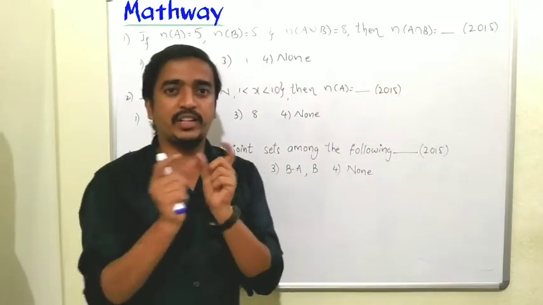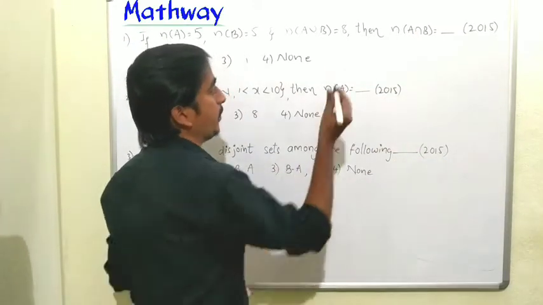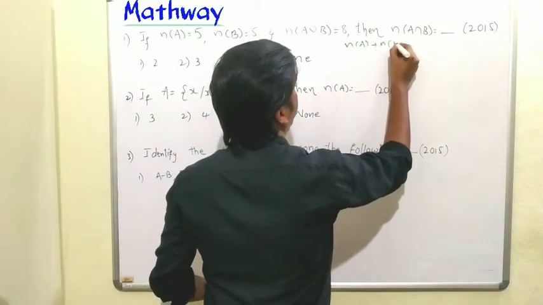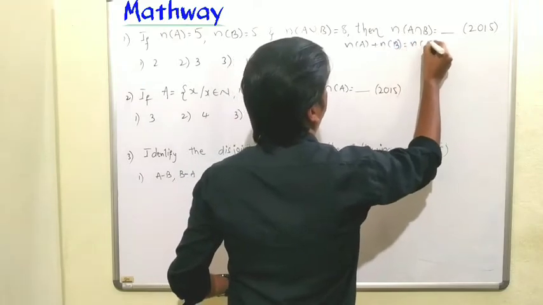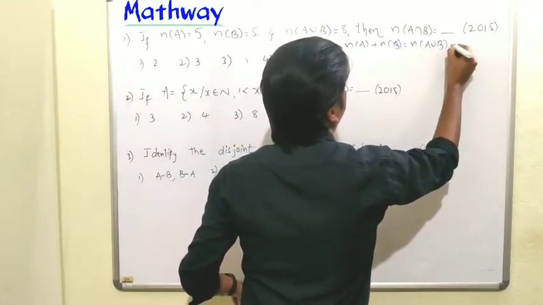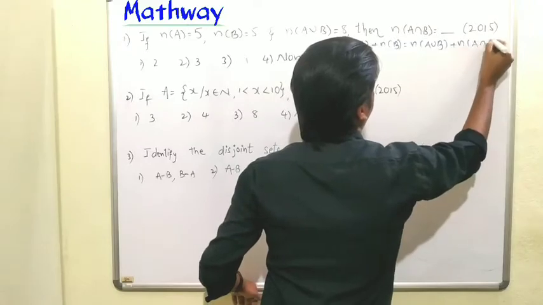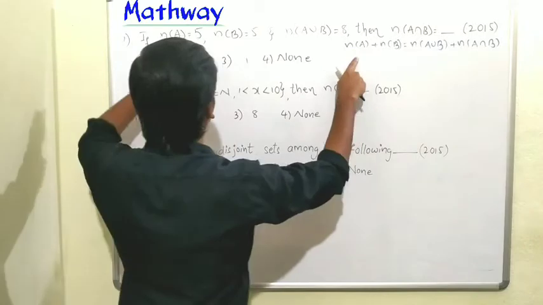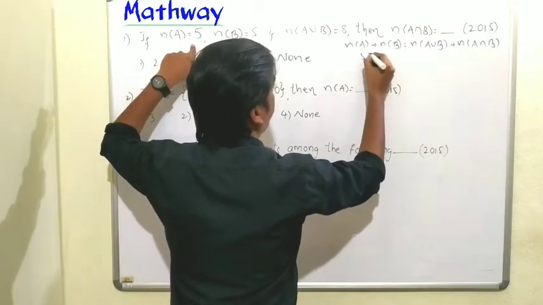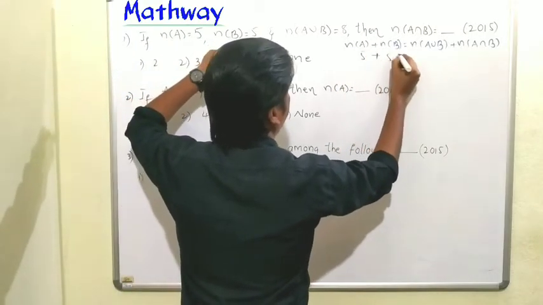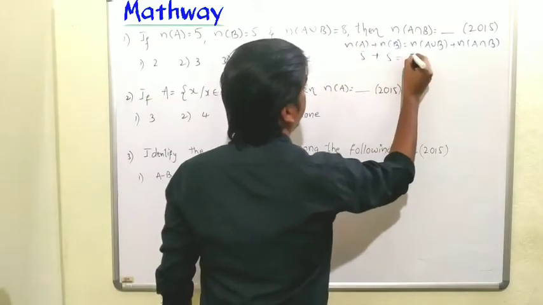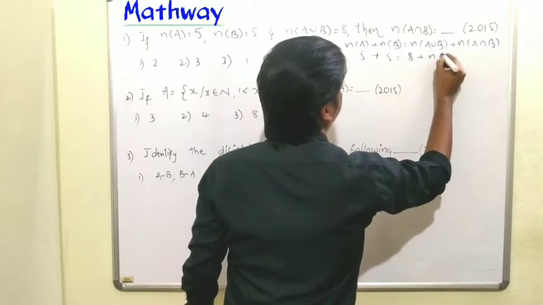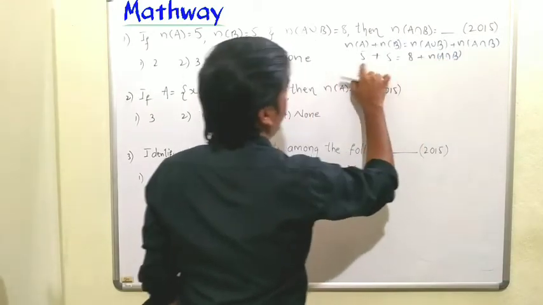What is the relation between all these cardinal numbers? We learned in the previous videos that n of A plus n of B equals n of A union B plus n of A intersection B. So let us substitute all the values in this relation. n of A is 5, so we get 5 plus n of B is also 5, equals n of A union B, 8, plus n of A intersection B. So 5 plus 5 is 10.